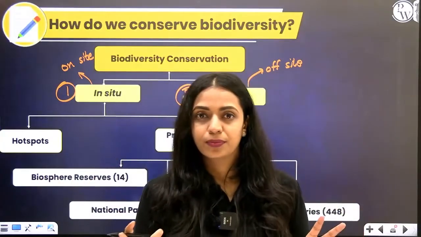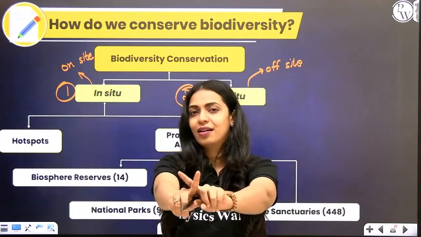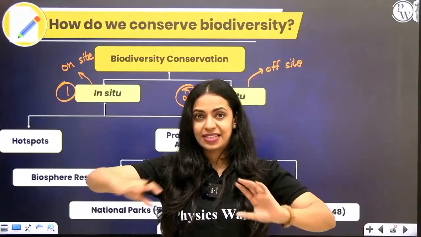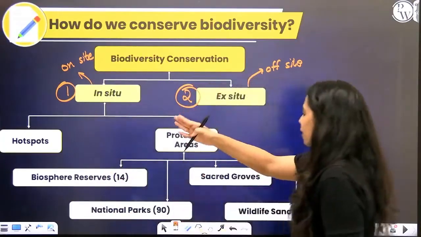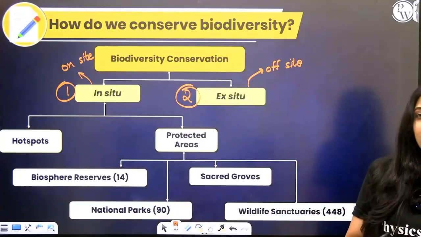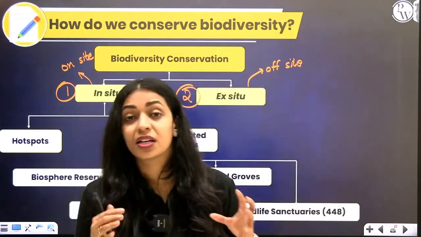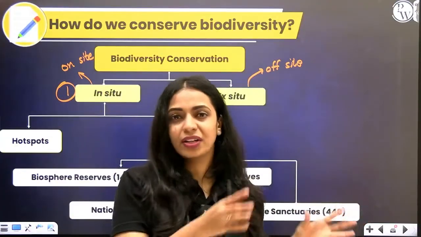That is in situ. So to save the tiger, you save the entire area where the tiger is present. So you're conserving the species in its natural habitat, that is in situ conservation. Ex situ conservation is saving organisms, conserving organisms in an area that is not its natural habitat.